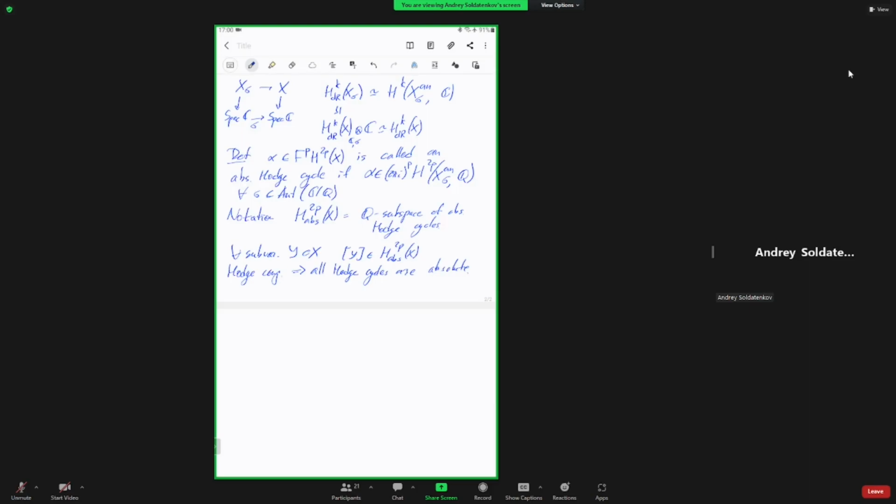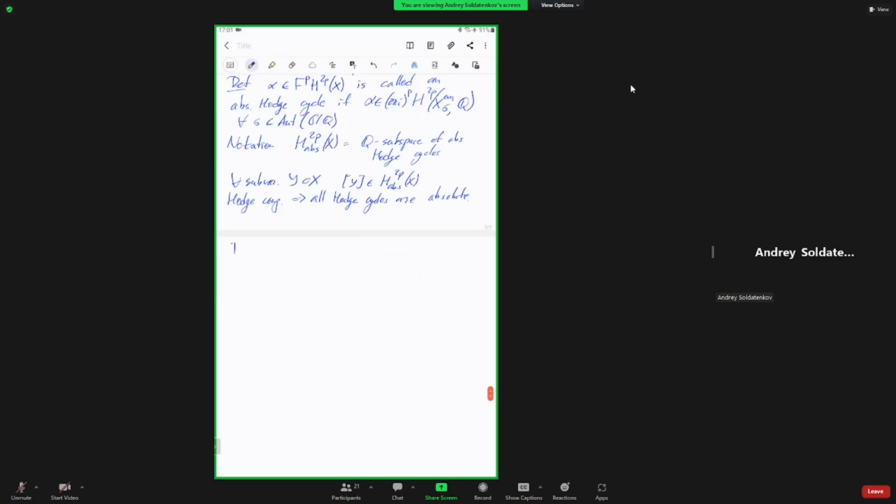All right, so this statement is some part of the Hodge conjecture. All Hodge cycles are absolute, and in fact, we know more about this statement than about the Hodge conjecture itself. Deligne proved, I believe, in 1982, that this statement is true at least for abelian varieties.